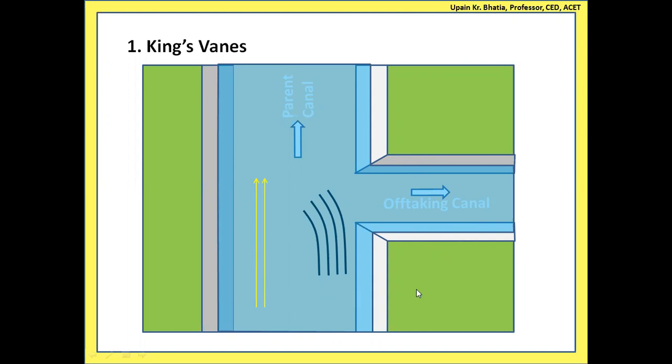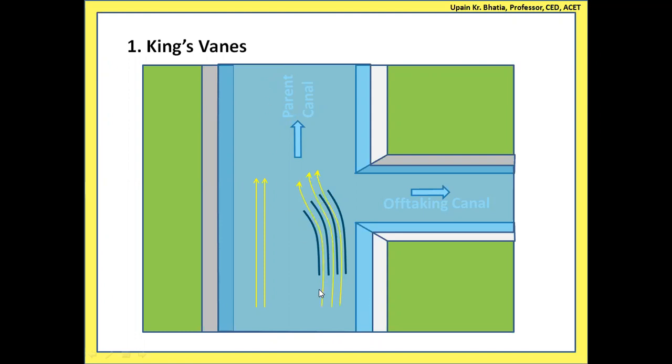So what is happening? As per the conventions of this lecture, the yellow arrows indicate the bottom layers, which have a high concentration of sediment or silt. In this portion, the silt-laden water goes almost straight into the parent canal.